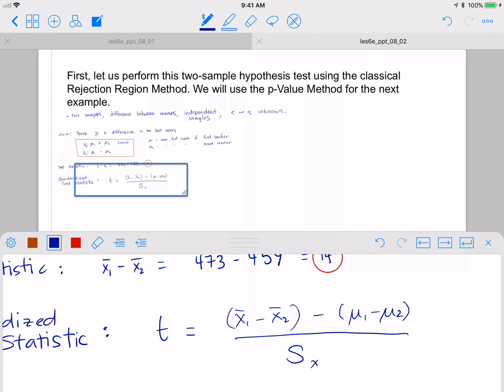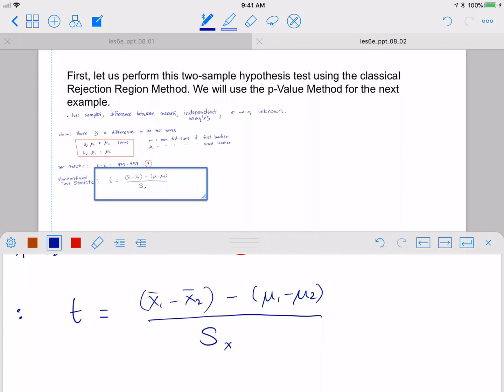This is not actually the sample standard error. This is the standard error for the sampling distribution of the difference in sample means. Okay. So that's a really long and complicated way to explain it.